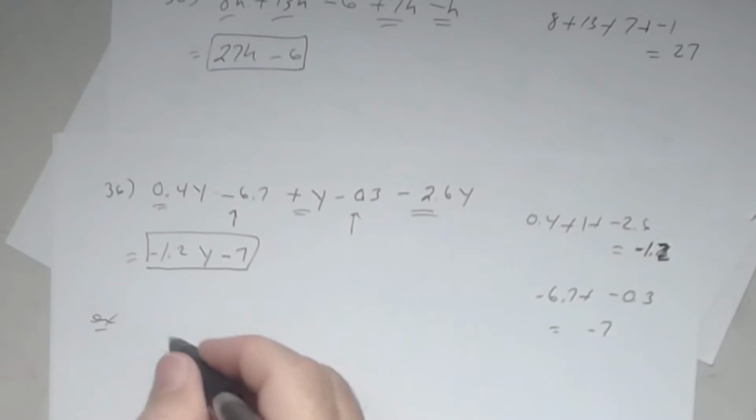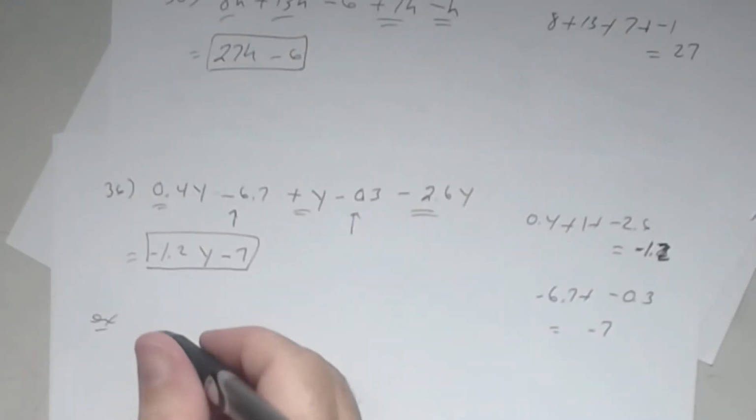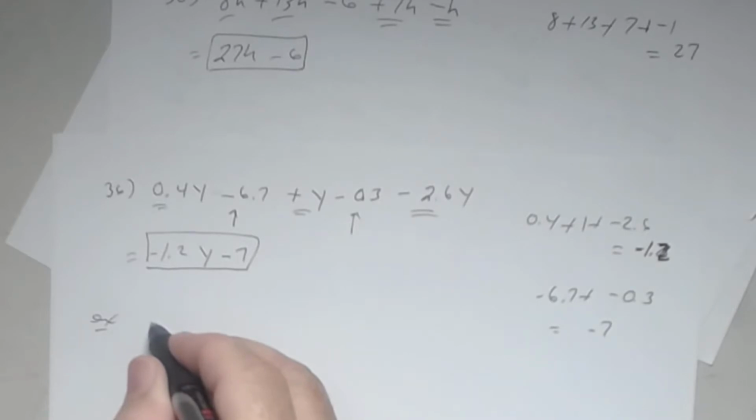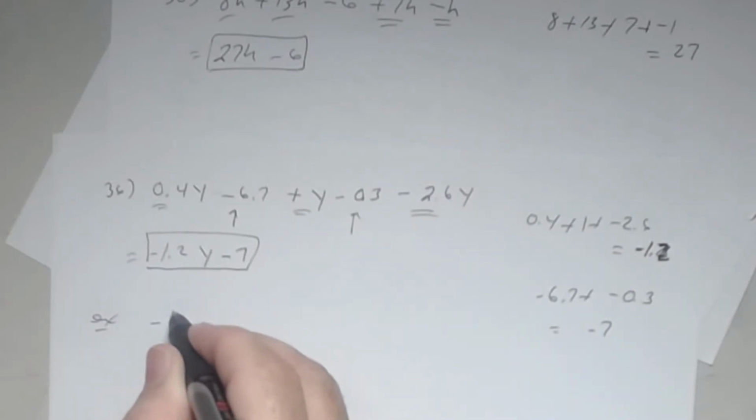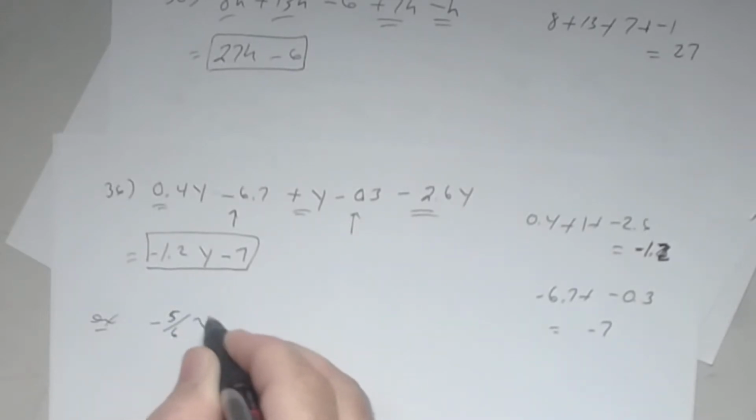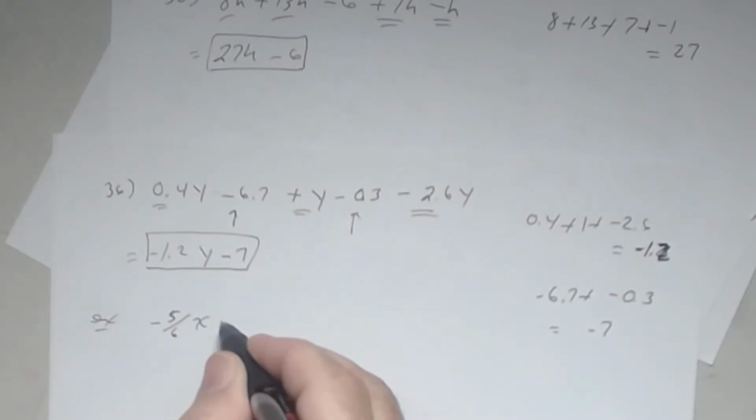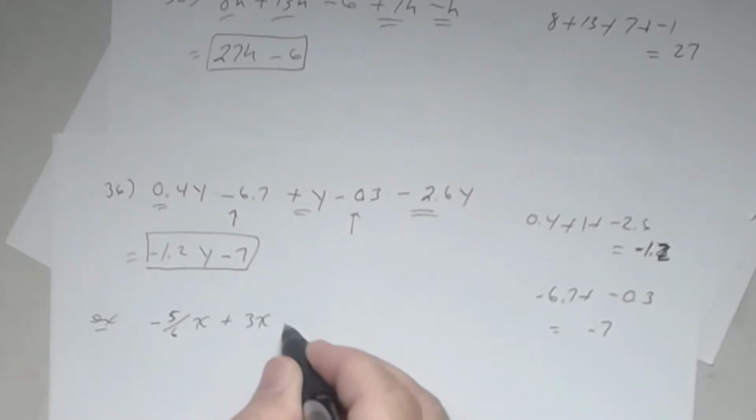So you should be able to, on the worksheet, part B, let's do this one, right? This example first. All right, suppose you had negative 5/6 x plus 3x minus 2.